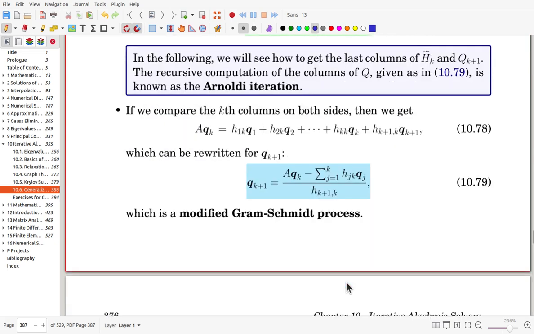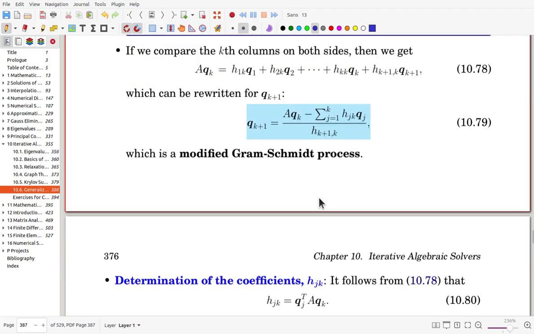Now we have to decide these values and the bottom. Okay, we can do it easily. In order to get these values appearing on the top of this equation, we may try to take the dot product qj dot A qk. These vectors q1, q2, q3 are orthogonal to each other.